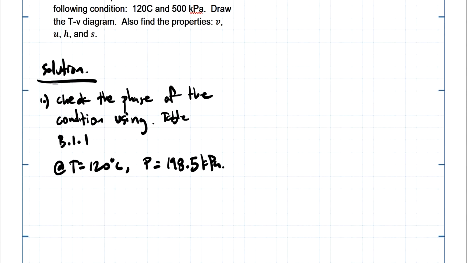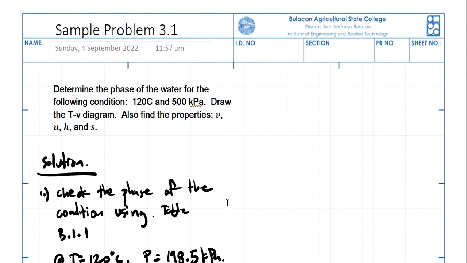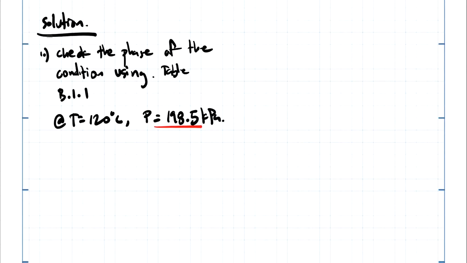So you need to compare this pressure to the given pressure, and we see that the P given, 500 kPa, is greater than P sat of 198.5.